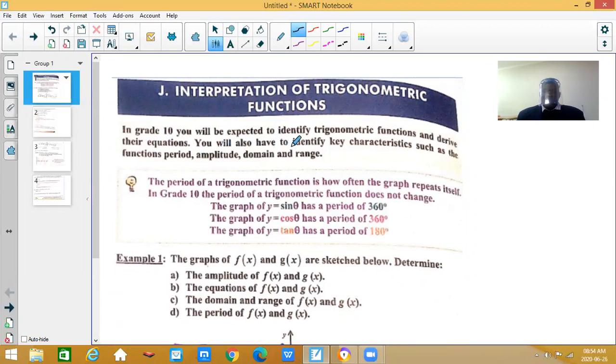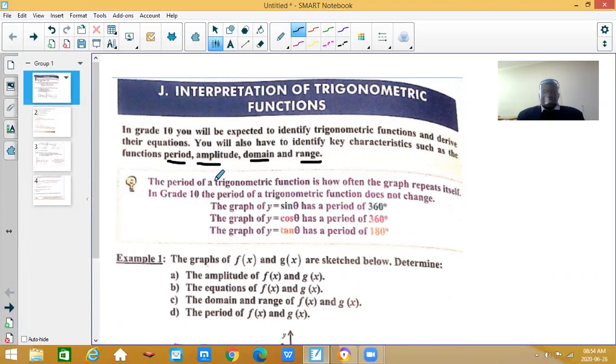You will also have to identify key characteristics such as the period, amplitude, domain, and range, which are basically the four aspects that we are going to look at today.